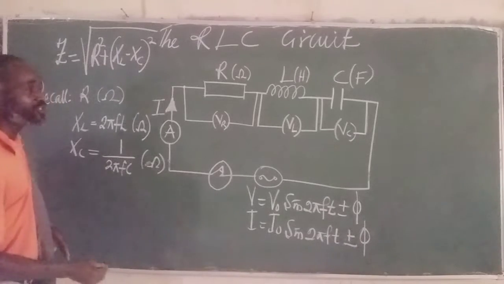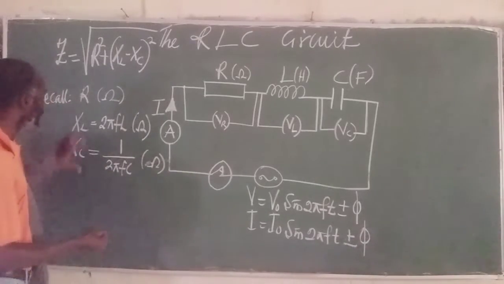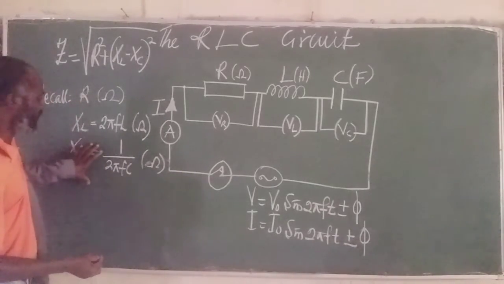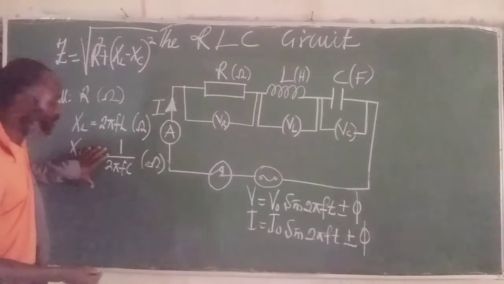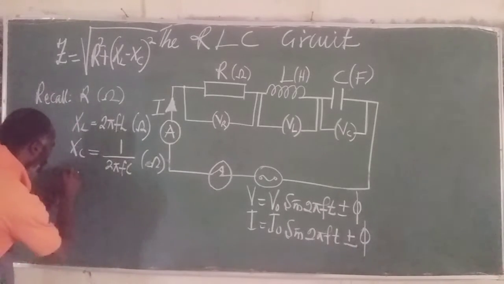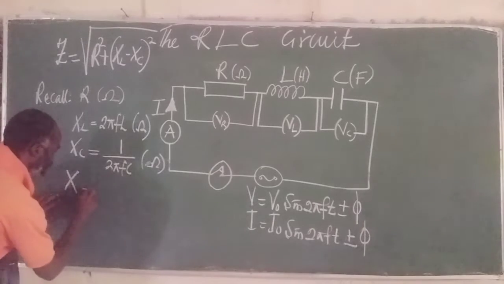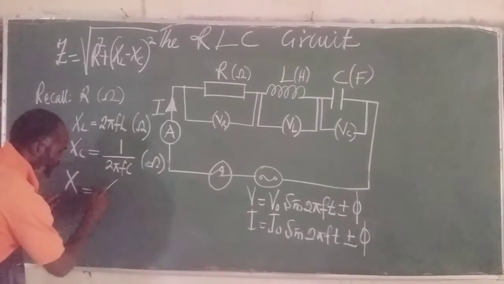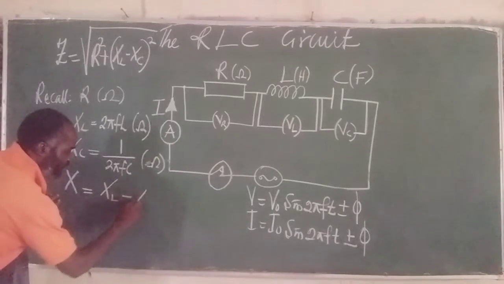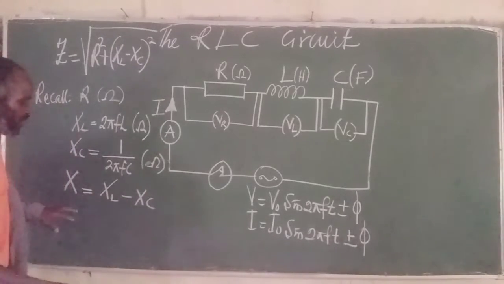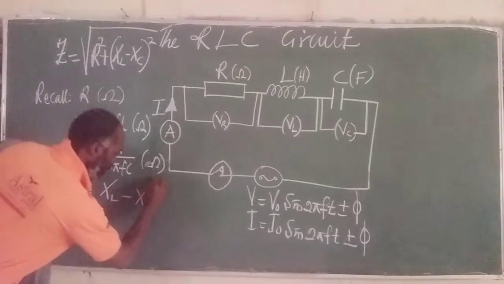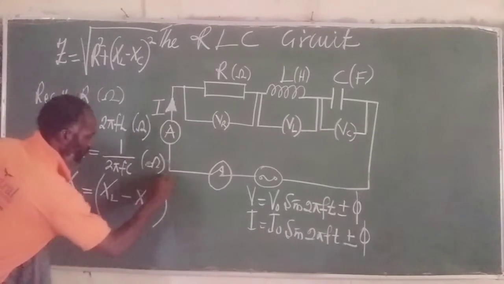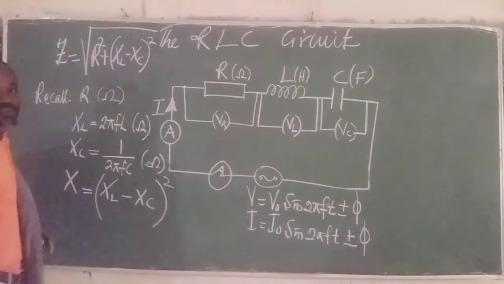There is something we need to do, and it's very simple. We need to find the reactance of these two, and that can be found using a letter X, which is given as XL minus XC. If we do this, it may be all squared, according to the formula we have here.